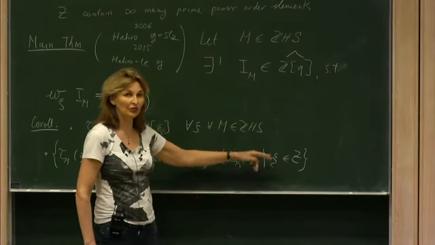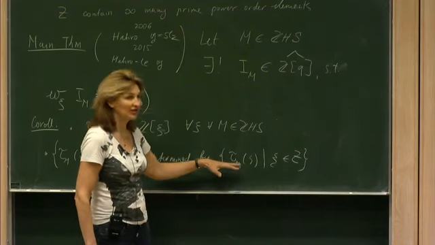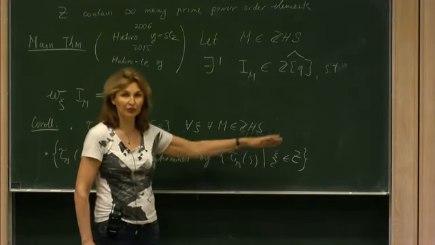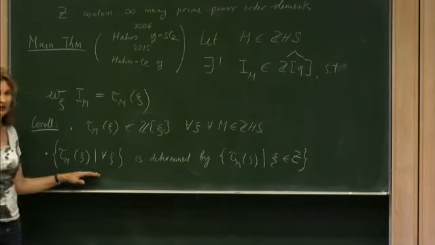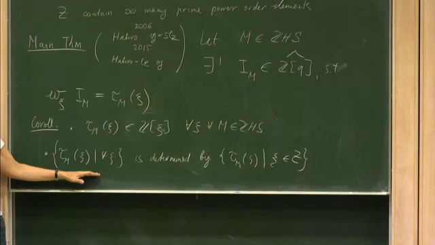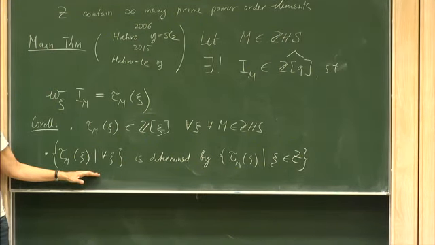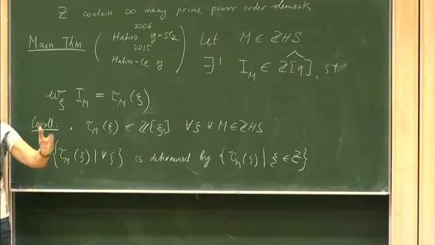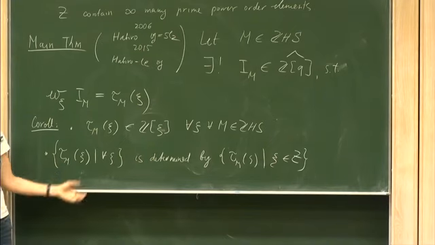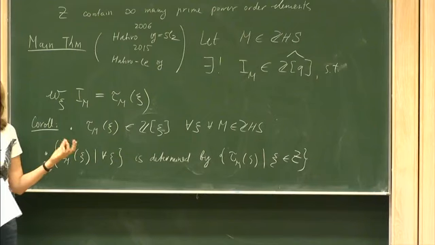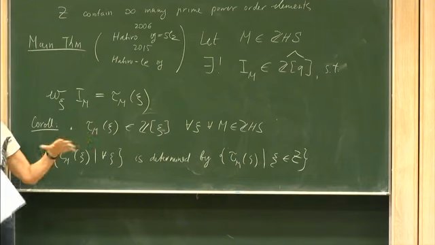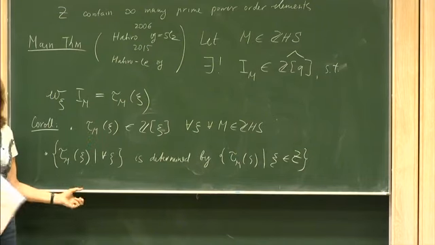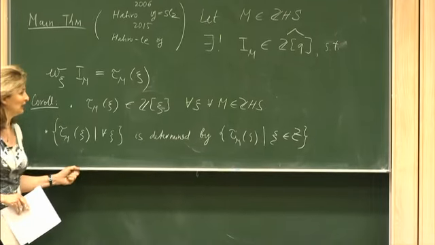If I evaluate these things just on all prime powers of 2, then it's enough. Then I have the whole information which this set contains. You can also take 3, or whatever you wish, just any set which has infinitely many primes. So this is a kind of strong statement. Before, there was no method available to study this set of invariants as a set. It was only available pointwise.